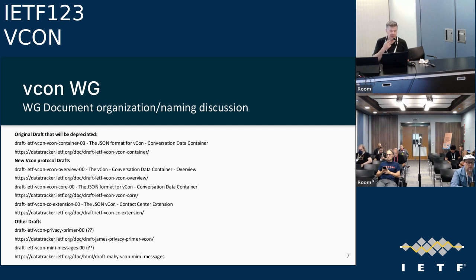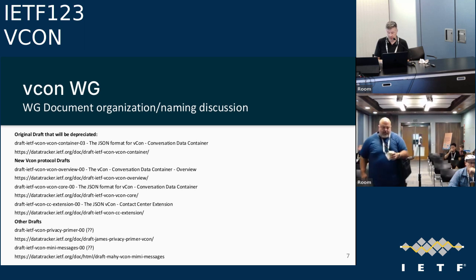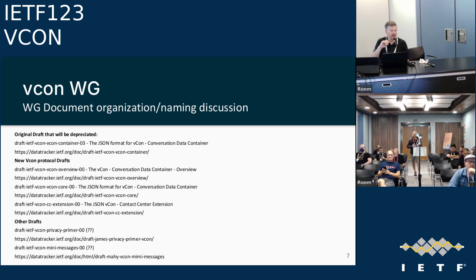There was an action item at the last meeting to discuss versioning or how we want to proceed with those things. I think those conversations happened, and I believe the authors will probably talk to that. Yeah. Okay. Great. Perfect. And then we have the privacy primer document and Mimi messages document that we accepted. I know Rowan was aspirationally going to upload something. I don't know if that happened, but I know he had a few things going on. Yeah, I didn't get to it.